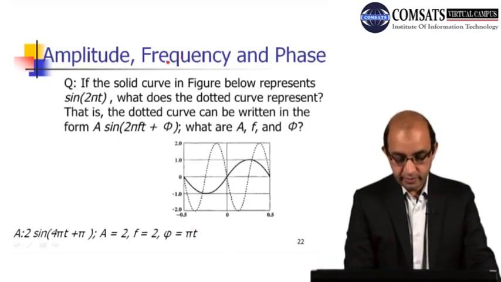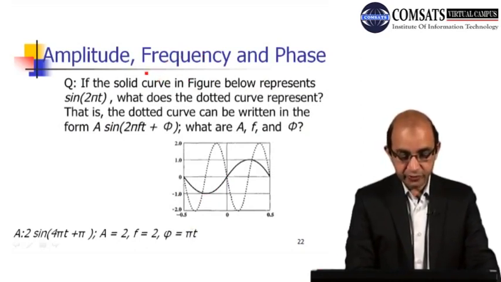You can see that this dotted line has an amplitude of 2, and is 2 sine 4 pi t plus pi.